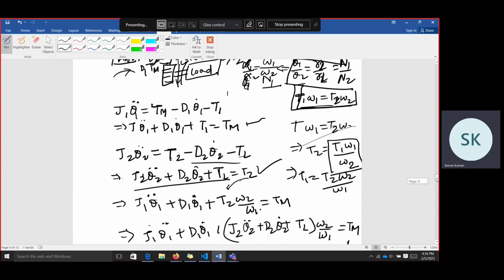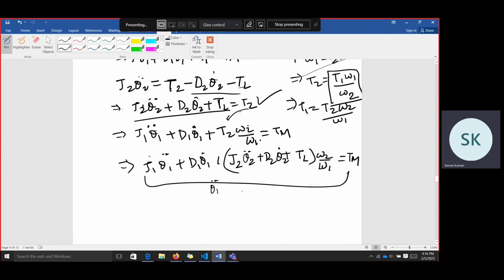And from the load side, we have to replace this T1 by T2 equation. This is just writing the dynamic equation for the coupled system. What is the doubt in this? Apart from writing the dynamics, this has to be solved, and after simplification, you'll get the equations.